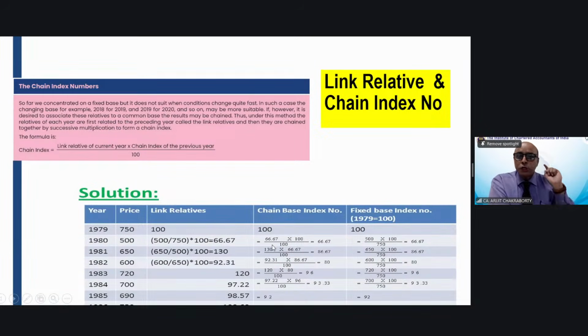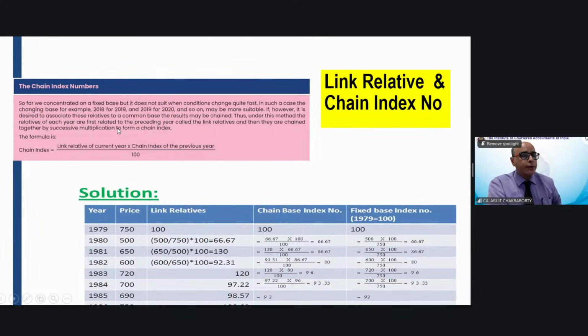So therefore 66.67, which is the link relative of 1980, we divide it by 100 because we are ultimately going to find the index number, and we are dividing it by 100. Why? Because we can see percentage. We are ultimately calculating percentage. Multiply किस चीज से करेंगे?